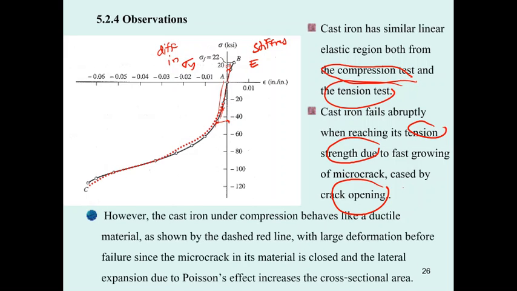However, in compression, the micro cracks are pushed together, and with the lateral expansion due to the Poisson effect the area increases, so it takes a lot of force in compression.